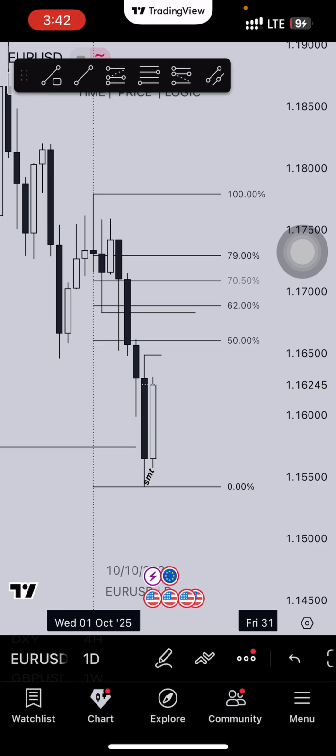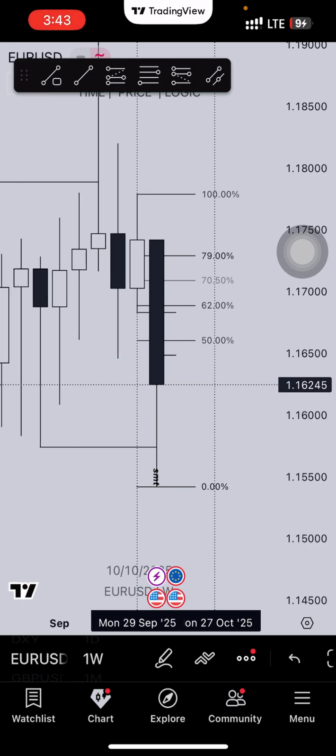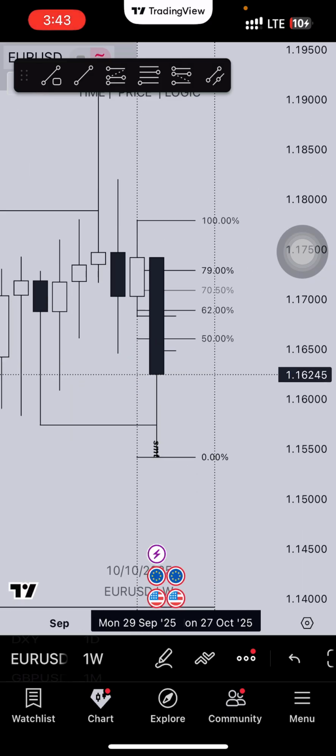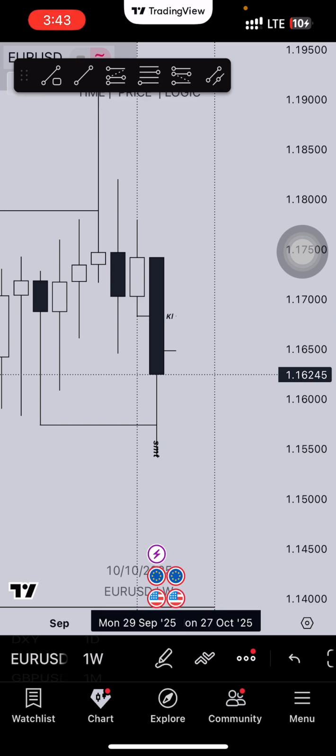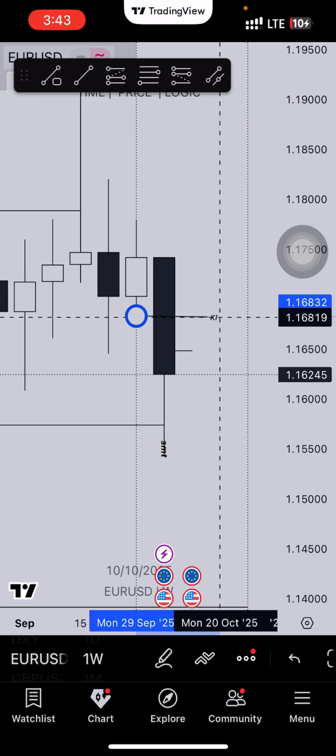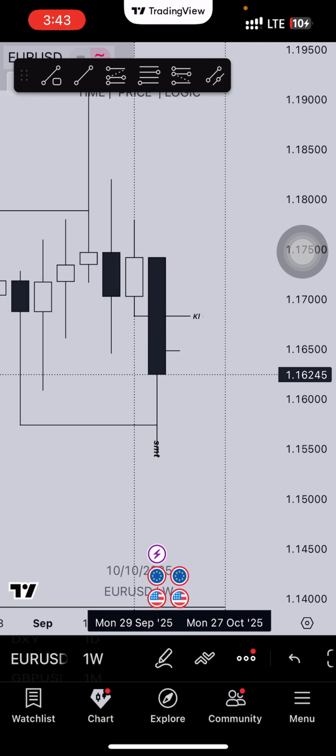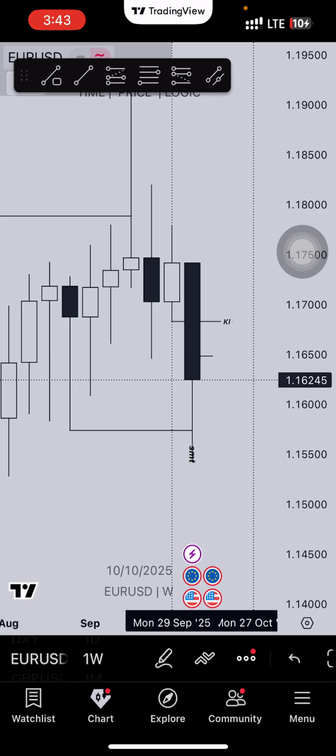This is the high, this is the low, high, low, higher high, lower low, right? And if you go back to the weekly time frame, you would see that that is another block on the weekly time frame. So that makes it a very probable direction that price would want to go to, right?